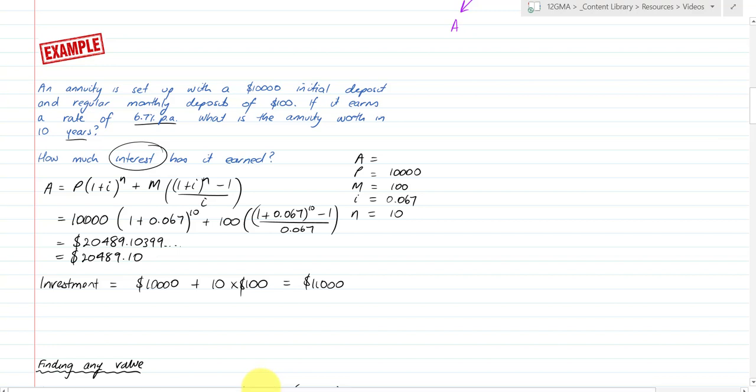Now, if I invested $11,000 and I now have $20,489.10, then my interest earned is going to be equal to A minus $11,000, the investment amount, which is $9,489.10.